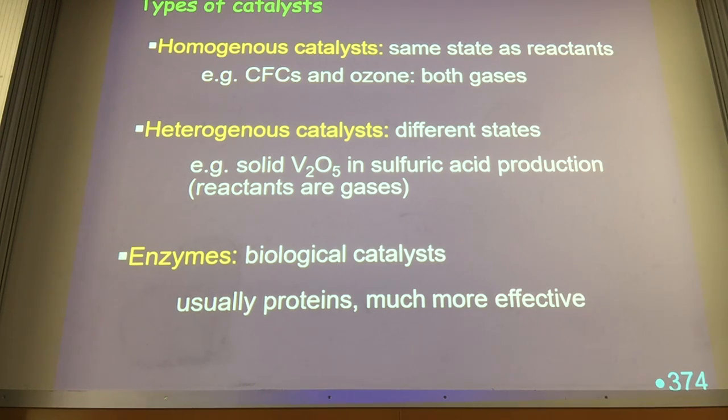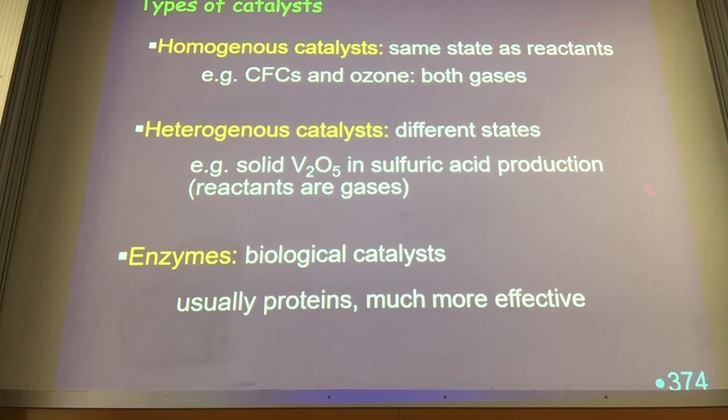So we can look at homogeneous catalysts. That means they're in the same state as the reactants. So if you've got a gas phase reaction, like decomposition of ozone, and you've got a molecule which catalyses it, which is also a gas, that's a homogeneous catalyst. You can also have heterogeneous catalysts, which are in different states.